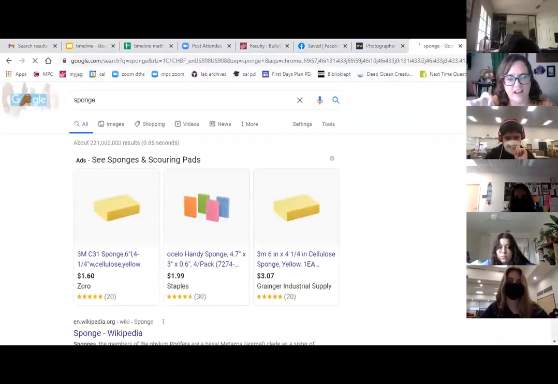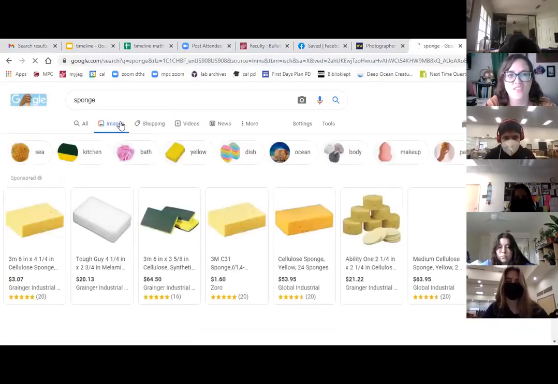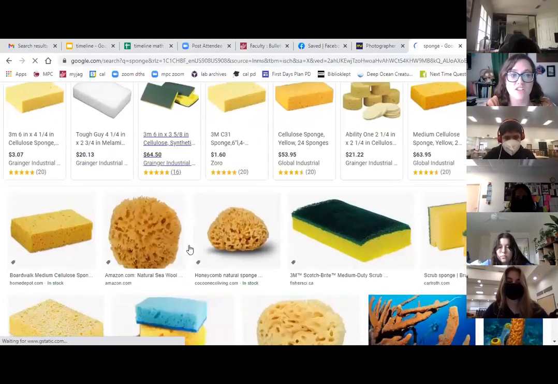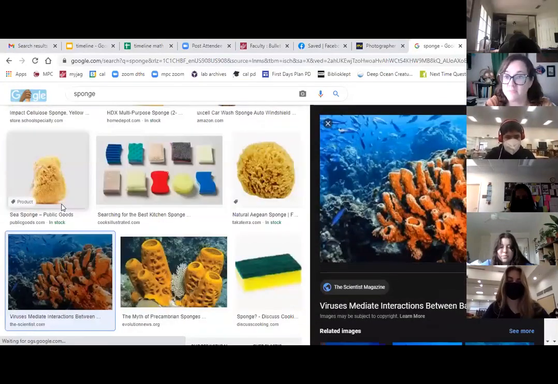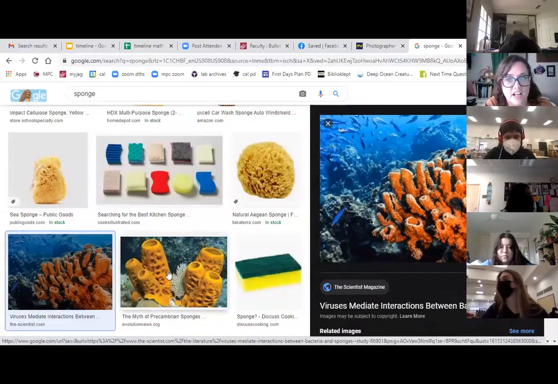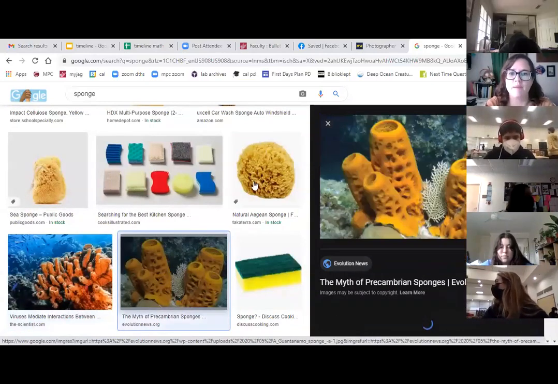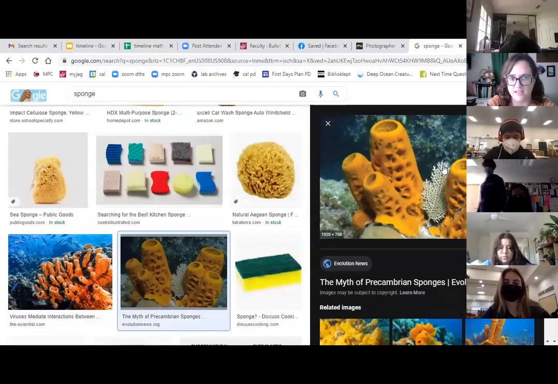But there is actually an animal called the sponge that sponges actually came from originally, and they look like this. Now, this may look very complicated, but it's actually a very simple organism. It's just a whole bunch of cells hanging out together. So a lot of people say, maybe it's not even multicellular. Maybe it's just one cell, like a colony that works together, like ants.